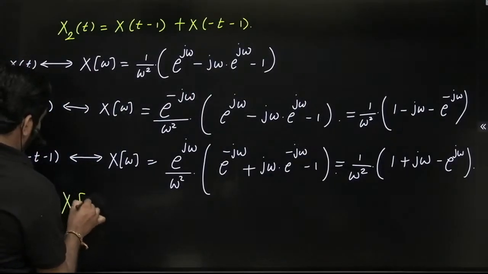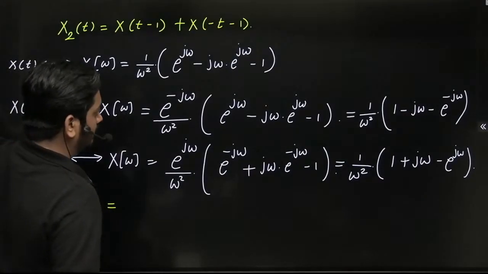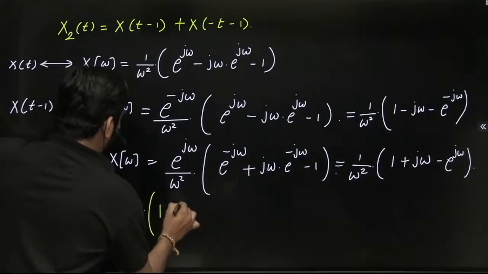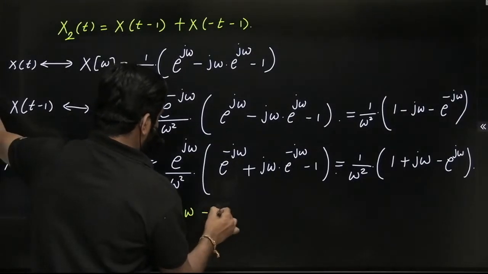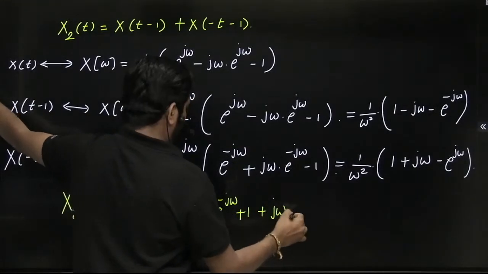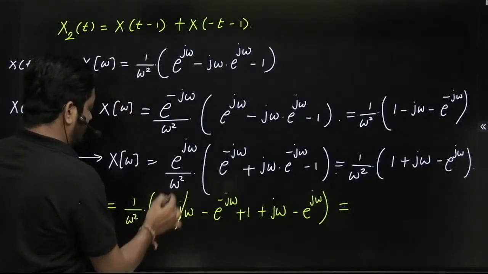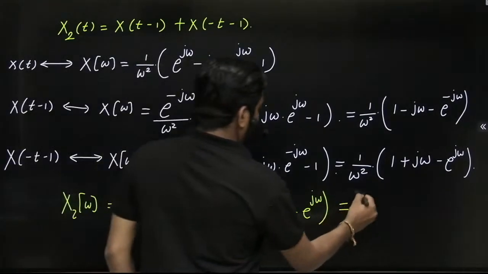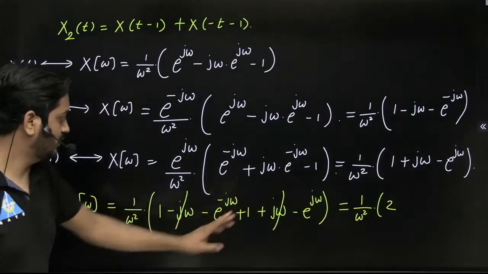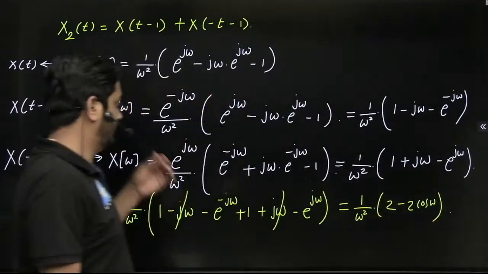So the Fourier transform of x2 of omega: 1 upon omega square is common. 1 minus j omega minus e power minus j omega plus 1 plus j omega minus e power j omega, correct? Now this cancels out and it is nothing but 1 by omega square into the bracket 2 minus 2 cos omega. This should be the correct answer, guys.